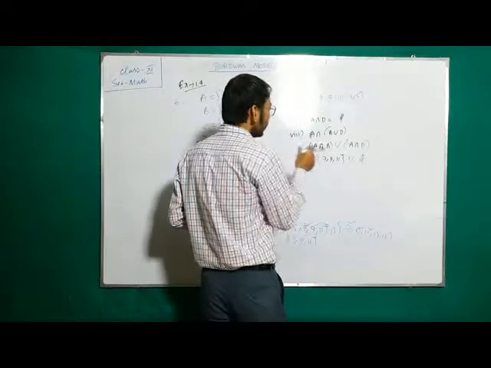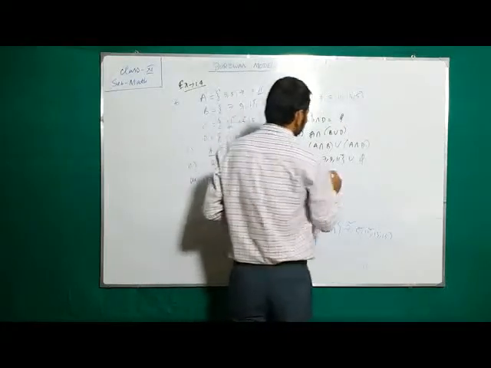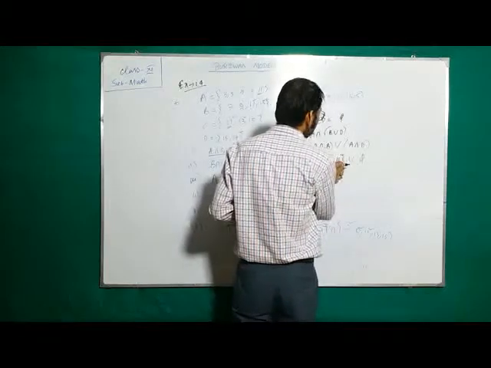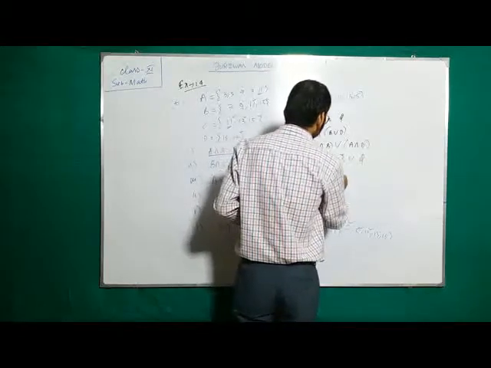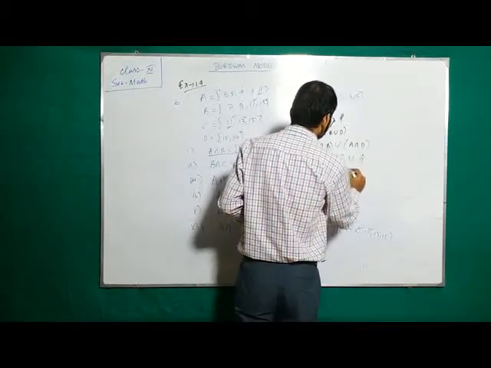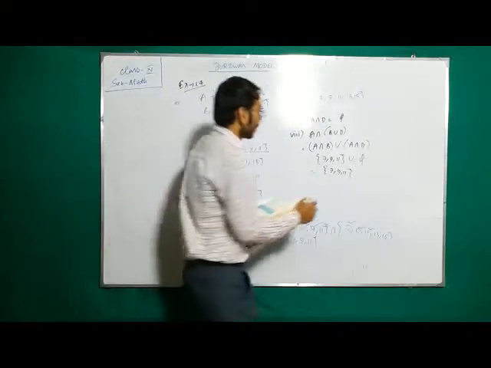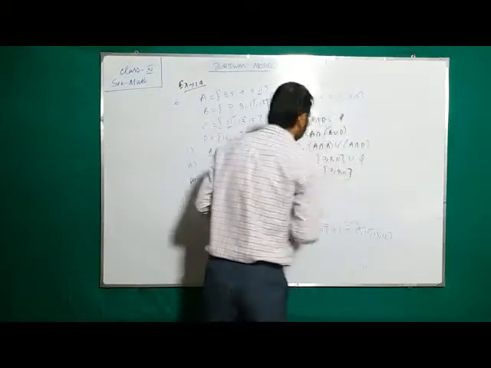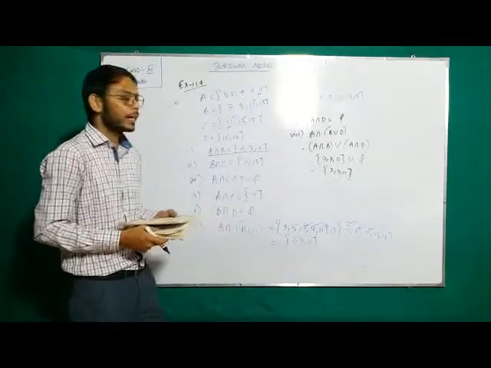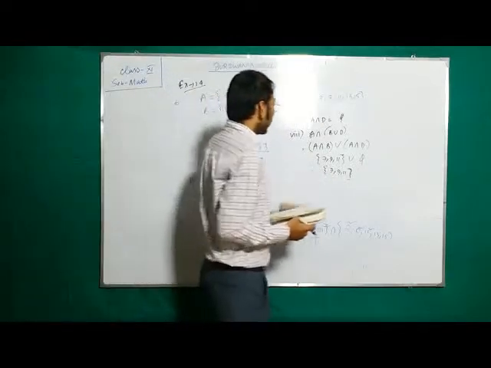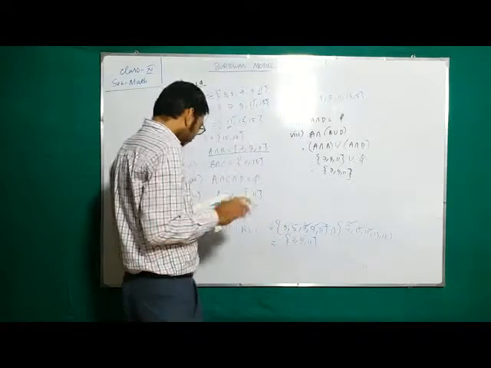Whenever you do the union of a set with φ, it gives the same set back again. So it gives 7, 9 and 11.